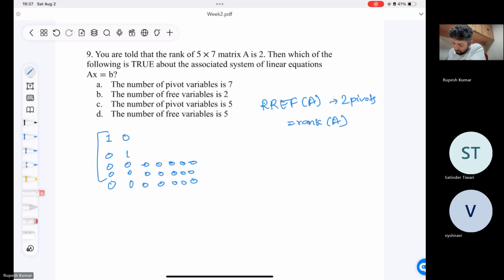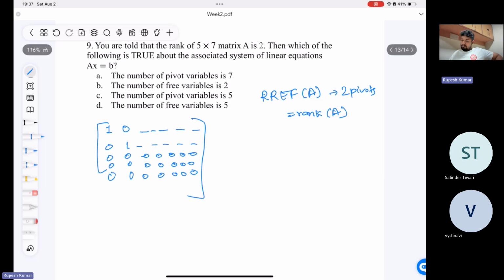Now these entries can be anything, and this matrix will look somewhat like this, right? If not, you can always use column swaps to get to this, right?